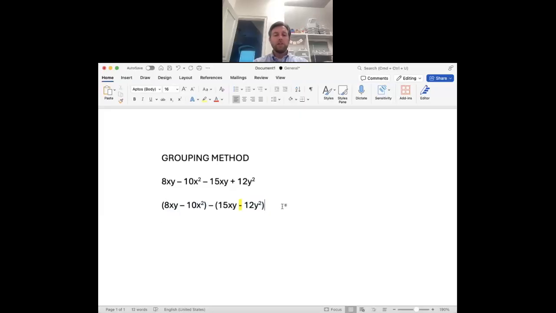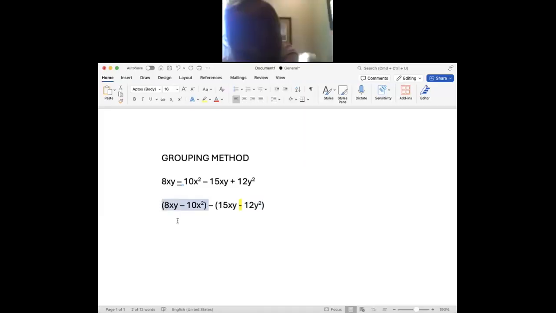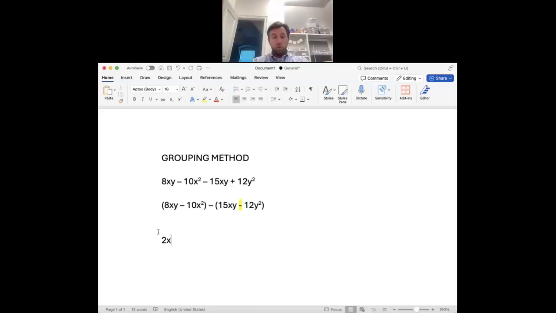Now we take out the GCF of each. So the GCF of this one, 8xy minus 10x squared, is 2x. So when you pull a 2 and an x out, you get 4y. And a 2 and an x leaves us a 5x.